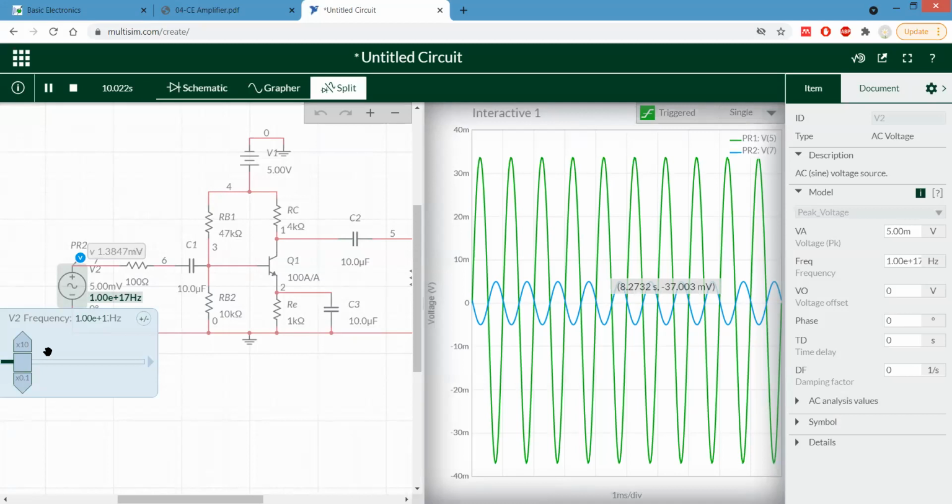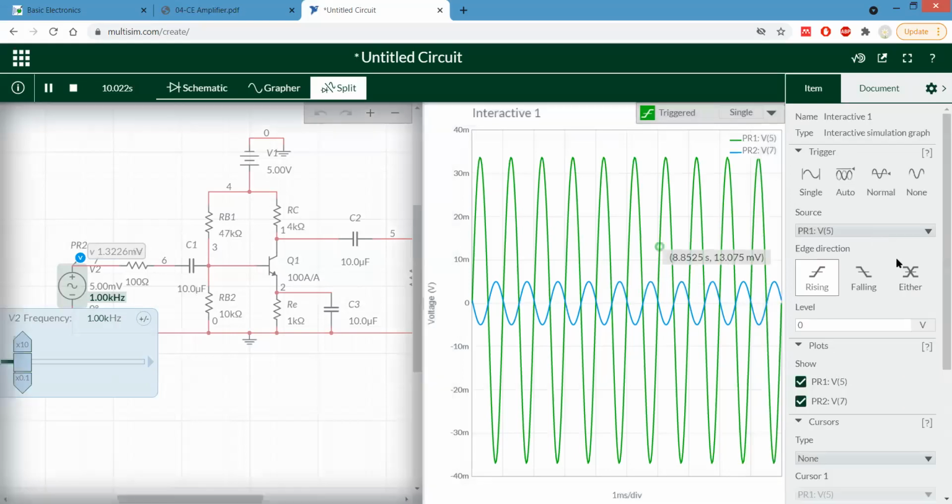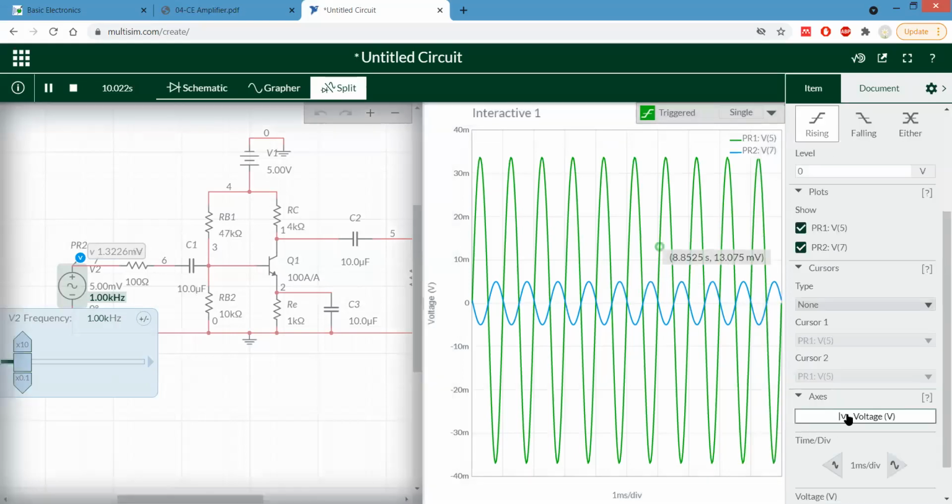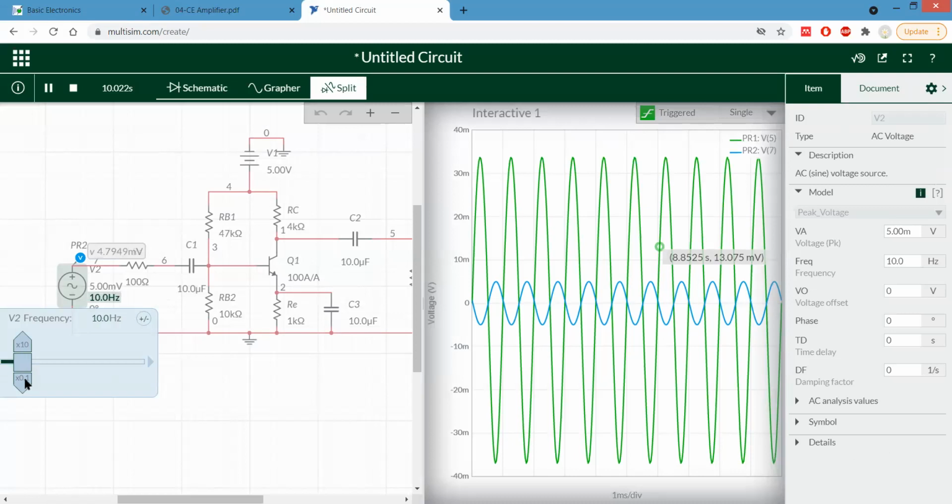I don't know why it is not. Why it is behaving like that. It should not be the case. So we should have a variation in amplitude value. Okay, let's change the input frequency. If we decrease it, still it is not varying.